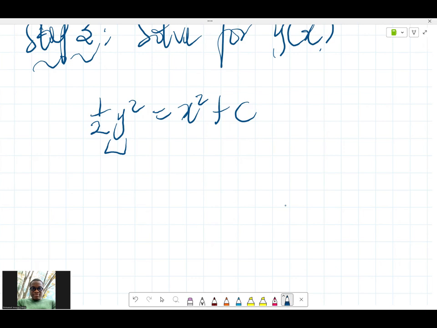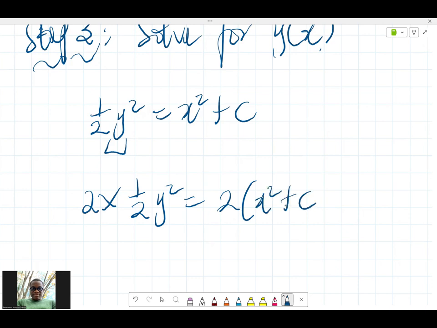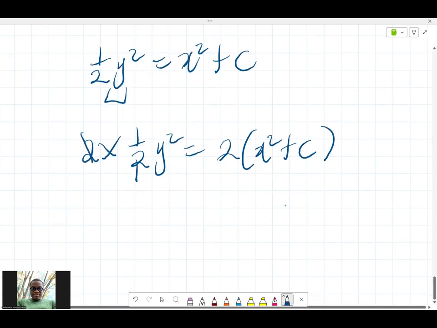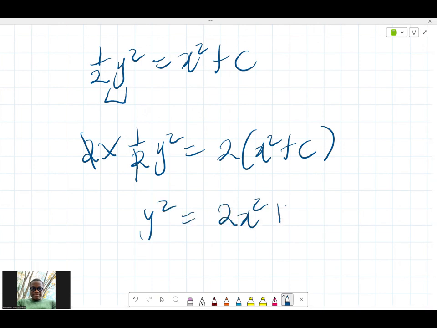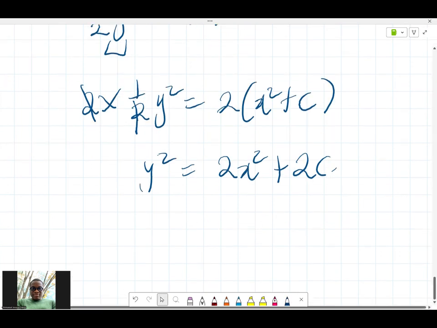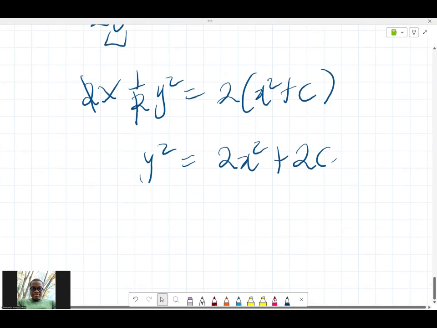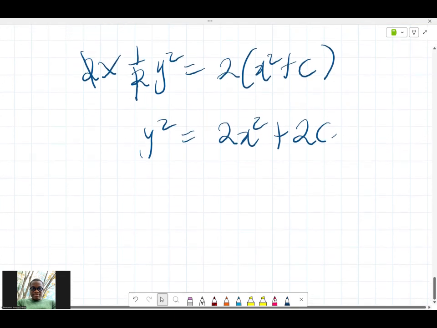So we multiply both sides by 2. We have 2 times half y squared equals 2 times x squared plus c. The 2 cancels the 2 here, so we have y squared equals 2x squared plus 2c. Of course, 2 multiplied by c is still a constant. Then we have y alone with a power, so we take the square root of both sides.